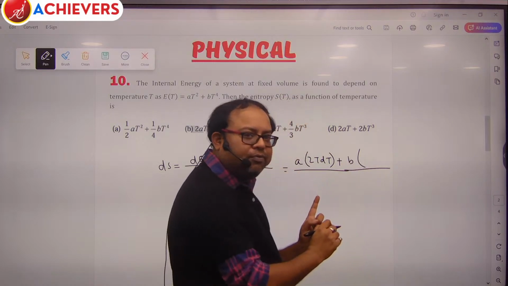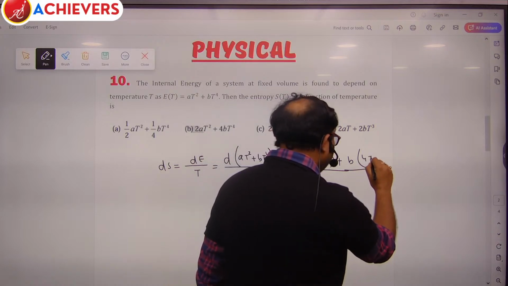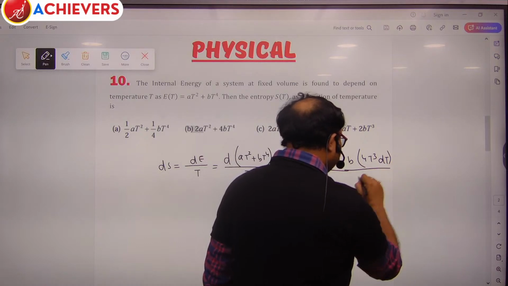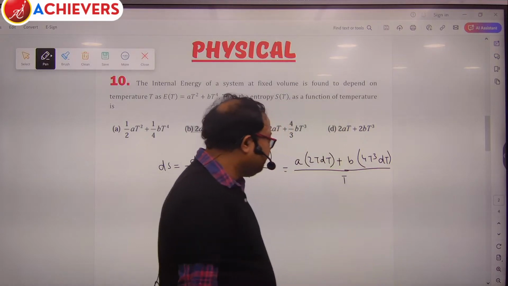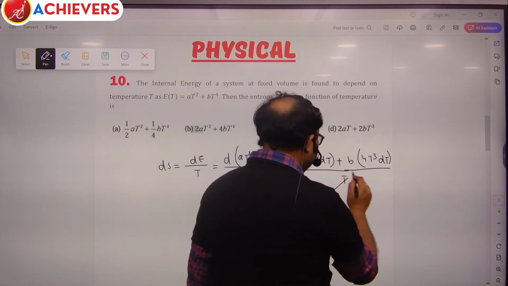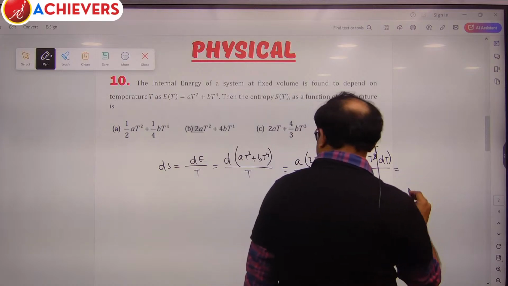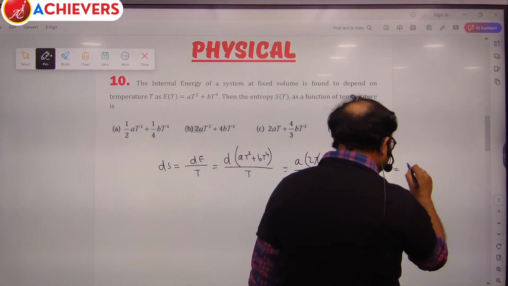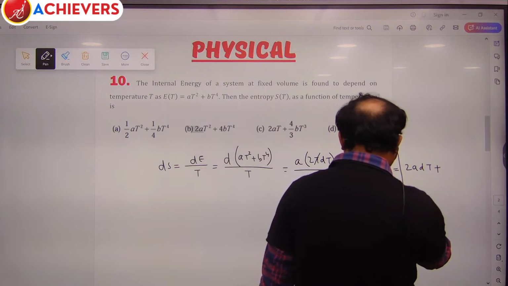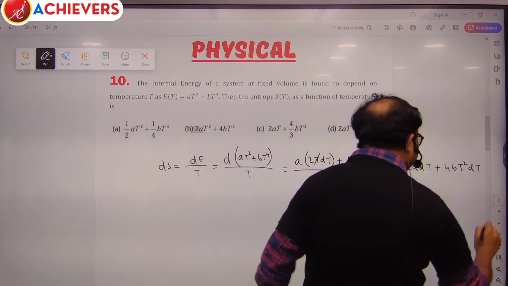Differentiating t to the power 4, we get 4t cube dt, divided by t. Now this t cancels out, it becomes t square. So it becomes 2a dt plus 4b t square dt.